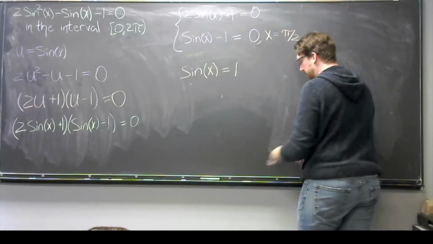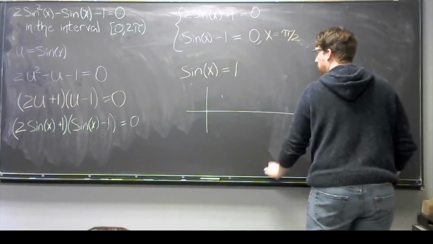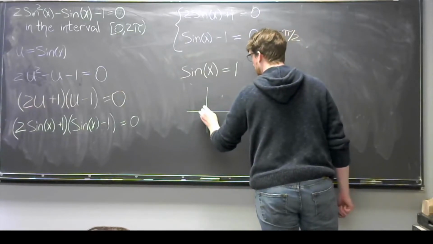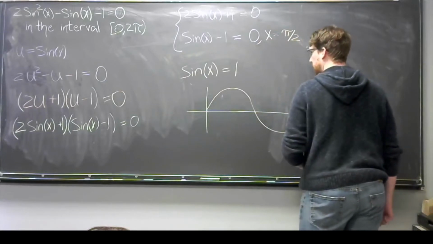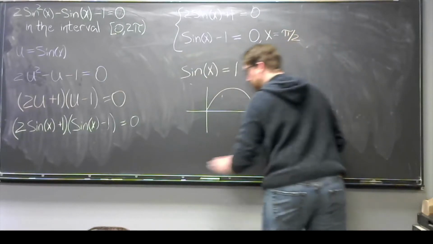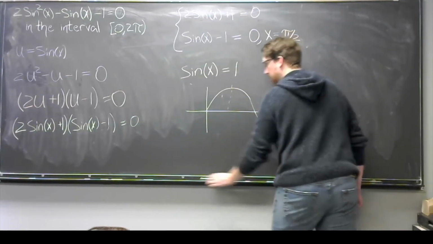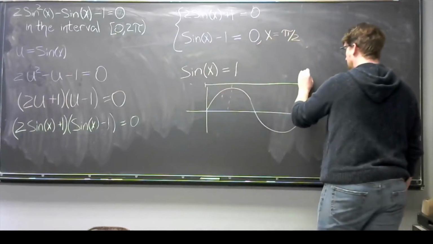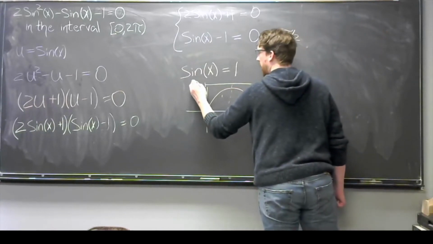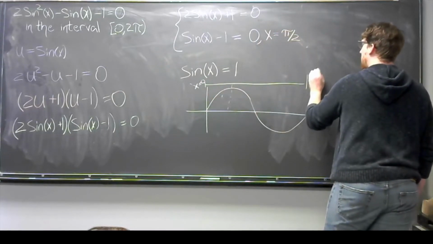And one way we could see this is if we were to graph this, from x equals 0 to x equals 2 pi.